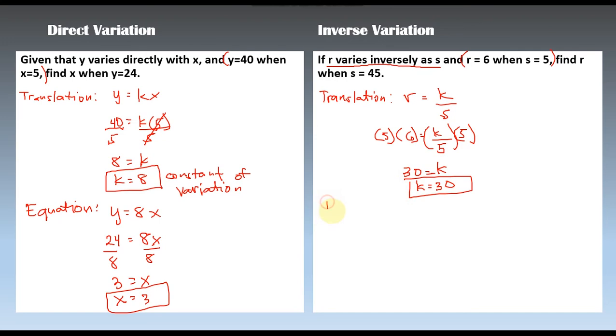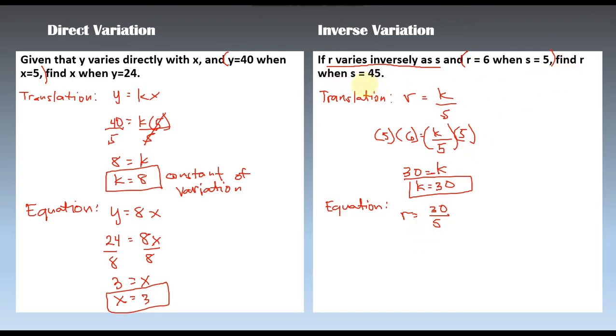Then, look for the equation. To solve for the equation, again, just substitute the obtained value of K into our translated mathematical equation. So we're going to have R equals, and then substitute K, which is 30 over S. Last one, find R when S equals 45.